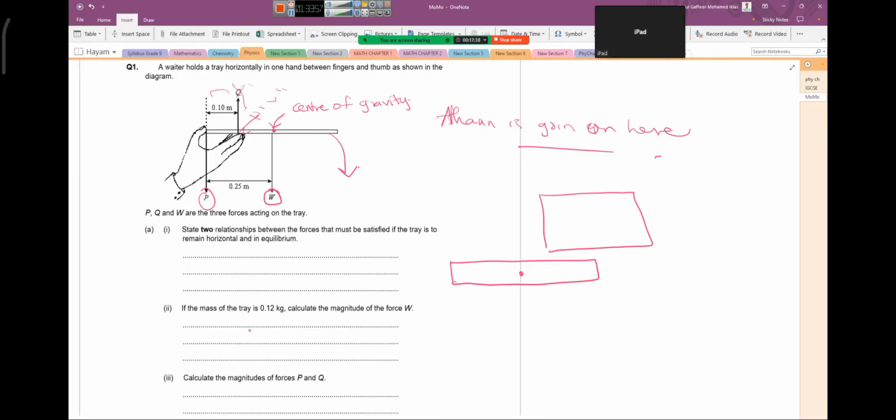State two relationships between the forces that must be satisfied if the tray is to remain horizontal in equilibrium.